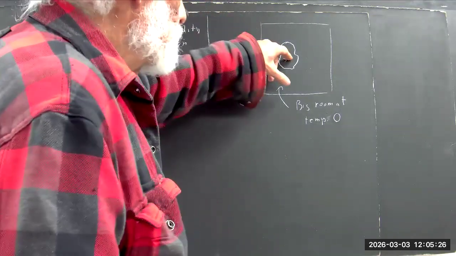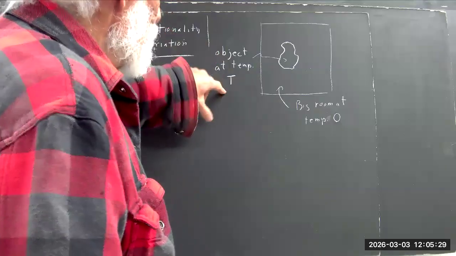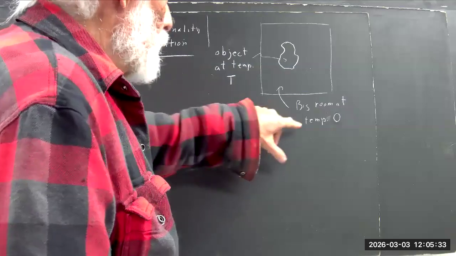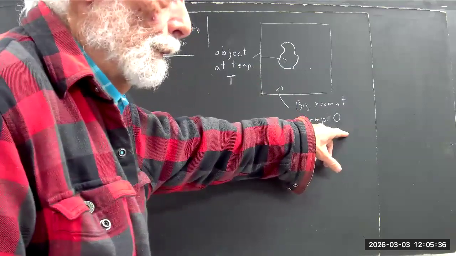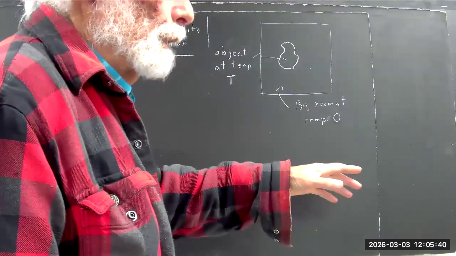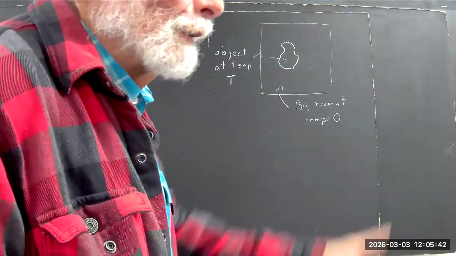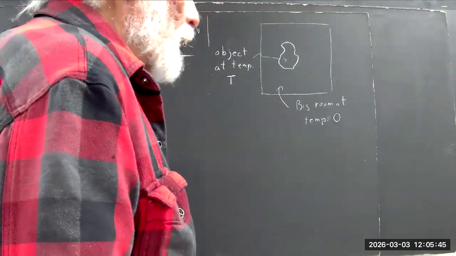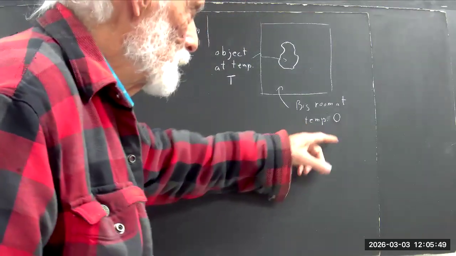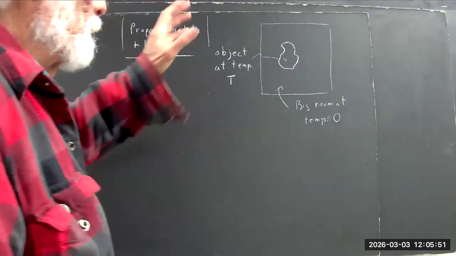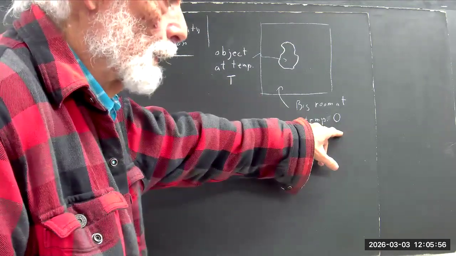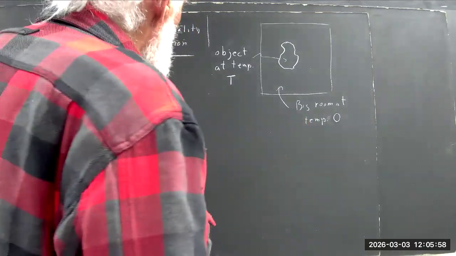Take, for example, some object at temperature that we'll call big T, and we've got a big room at temperature 0. We're not going to worry about the units of temperature. This could be Celsius or Fahrenheit. It couldn't be absolute temperature because you can't reach absolute 0. And this temperature is going to be measured in the same units as this temperature.